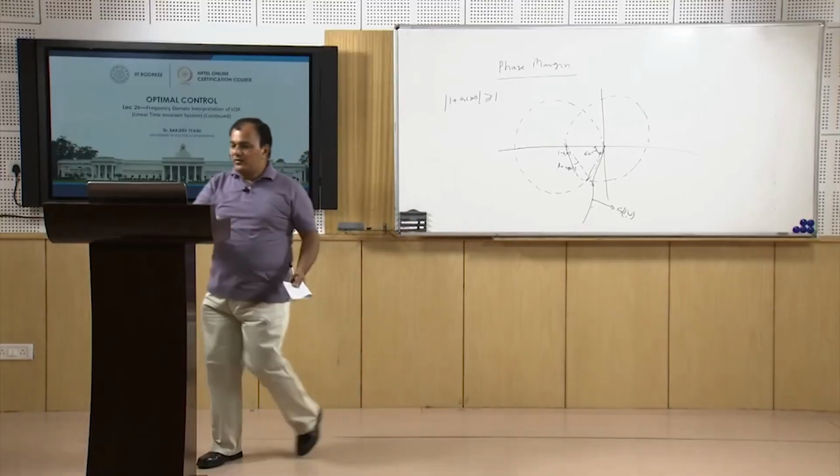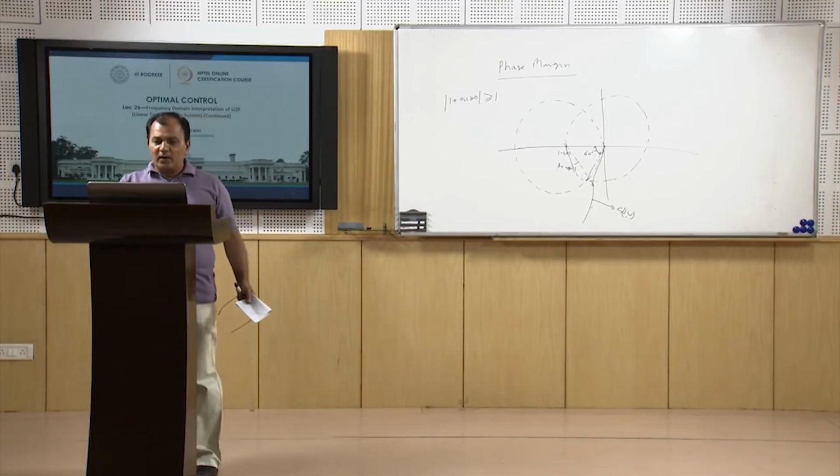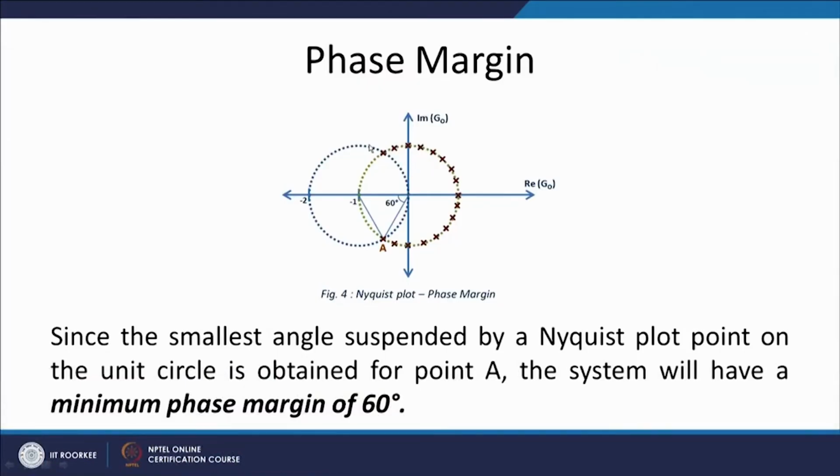So, we can understand this. So, what I will have? I will have this unit circle which is representing my condition mod of 1 plus Gj omega is greater than or equal to unity.